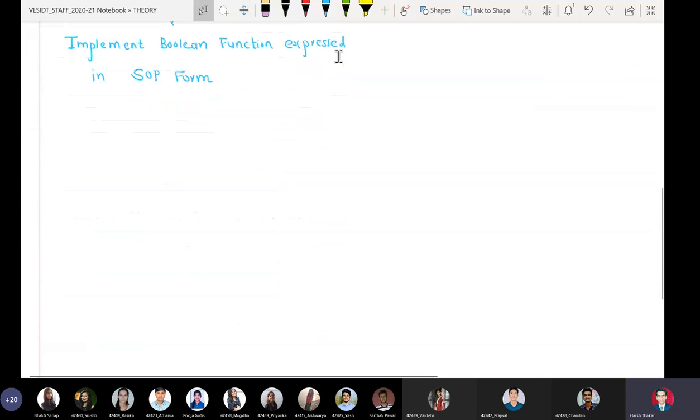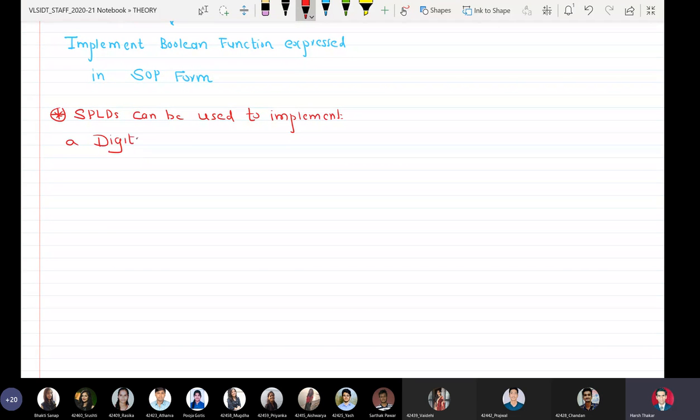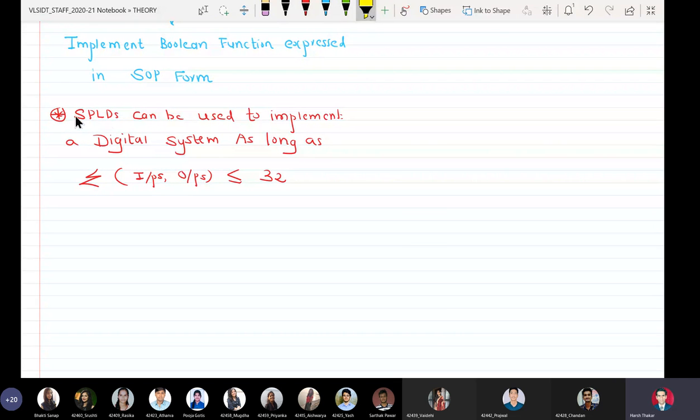So the limitation of SPLDs is that SPLDs can be used to implement a digital system as long as the summation of inputs and outputs is less than or equal to 32.